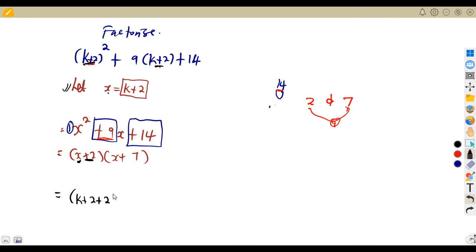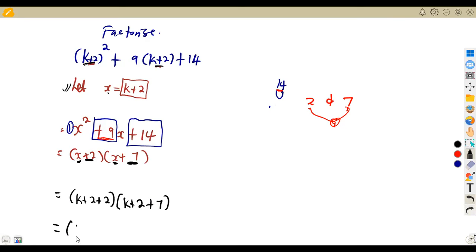Moving on to the second bracket, we substitute x with k plus 2, but there is already a plus 7.